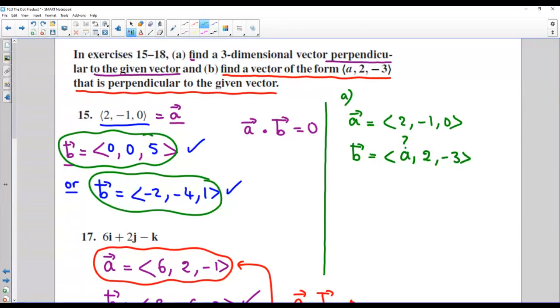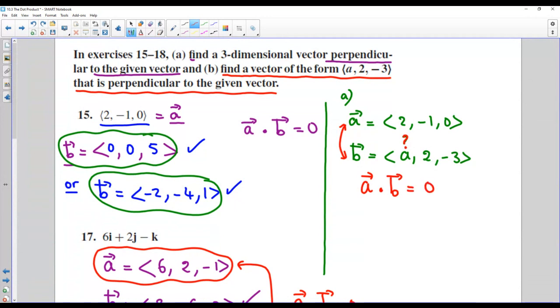What is this a here? So find the number a so that these two vectors are perpendicular. So I need to have A times B equal to 0.